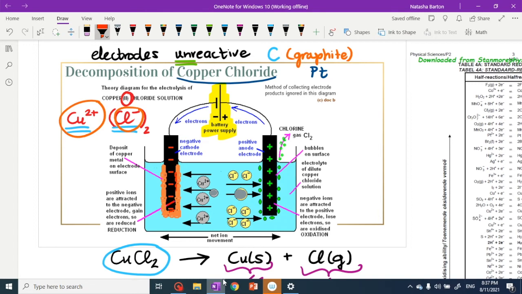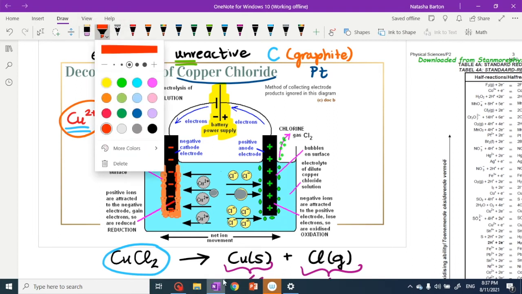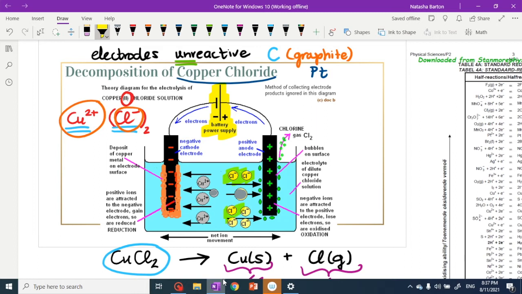What will now happen is that the chlorine ions, which are negatively charged, are going to migrate, which means to move towards this positively charged electrode, because of course negative is attracted to positive.